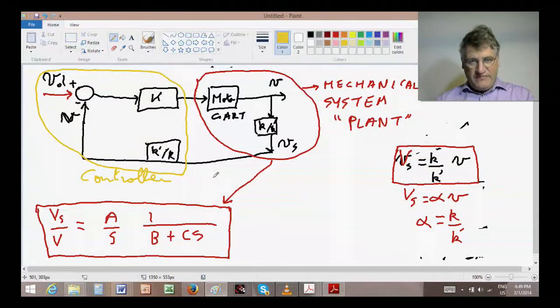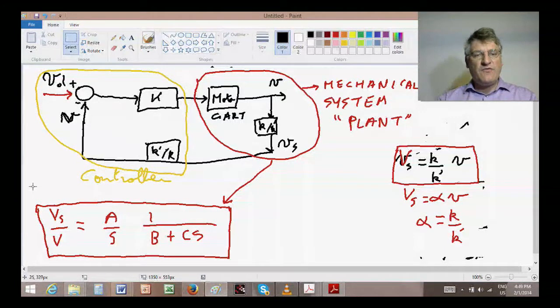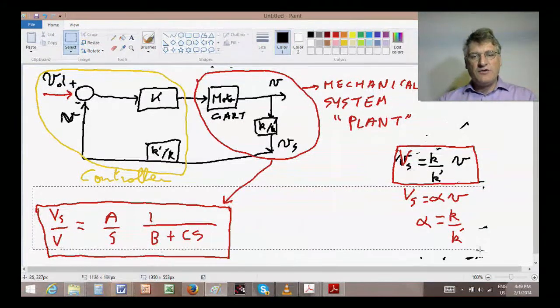And there remains for us to build this controller. I temporarily erase the plant for the purpose of focusing on the controller.